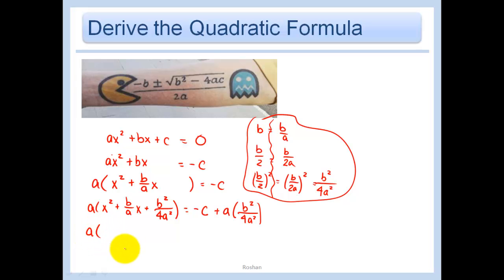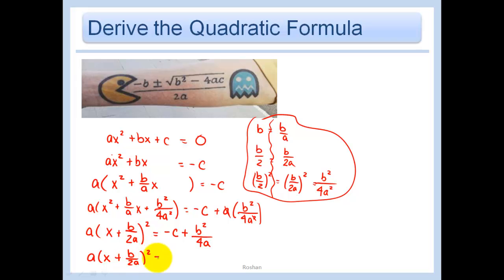A times, I could factor this into x plus the b over 2a, the quantity squared equals negative c plus one of those a's cancel out with one of these a's, so I'm left with b squared over 4a. Okay, now I've got to get a common denominator on this side.